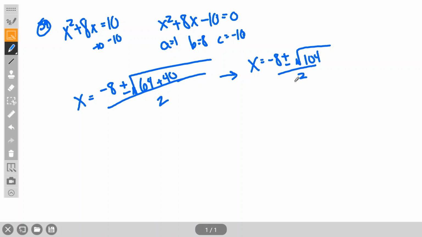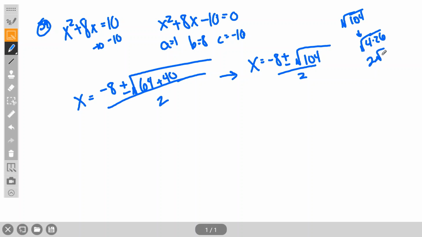104 can be simplified a little bit because it has perfect square factors. 4 goes into 104 26 times. So the square root of 104 is really the square root of 4 times 26.